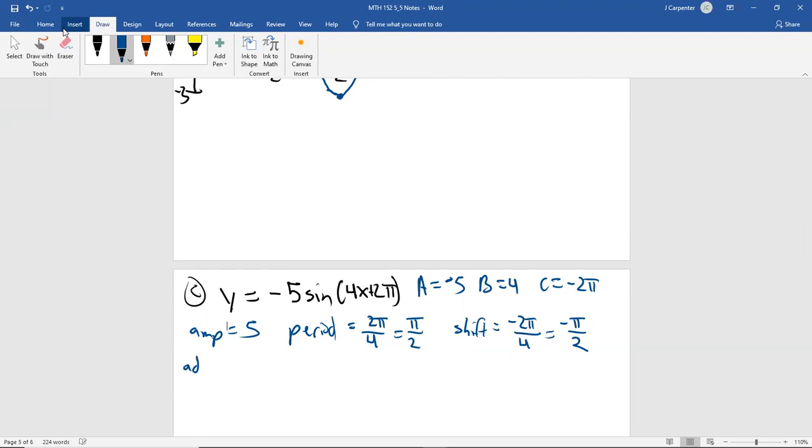But we also need to figure out what to add, which was the period over 4. The period is pi over 2, so we got to take that fraction and divide it by 4. Might actually help you to write that as divided by 4 over 1. Then write it the old school way. Excuse me, that was not right.